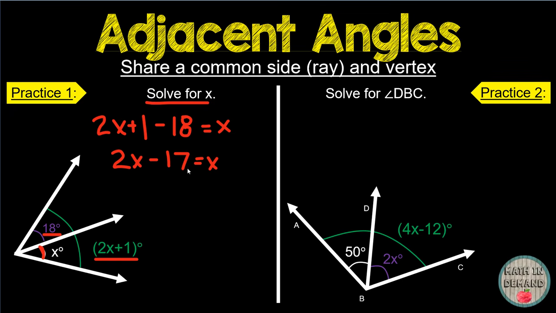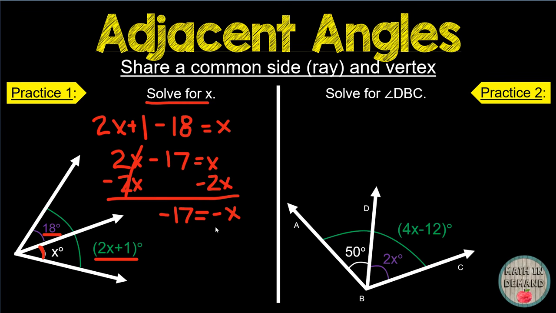This is an equation where I have a variable on both sides of the equal sign, so I am going to subtract 2x so that I can combine my like terms. I know I'm going to be dealing with a negative variable, but that is okay. Do not forget to bring down the negative. So I have negative 17 equals x minus 2x, which gives me negative 1x, in other words, just negative x.